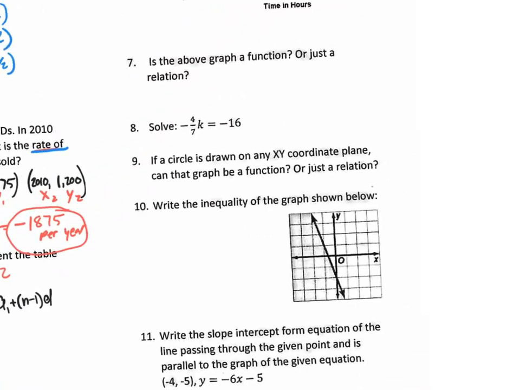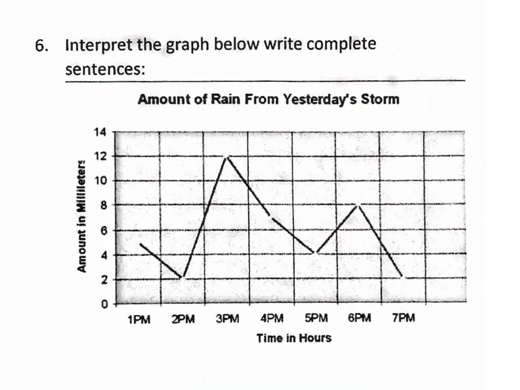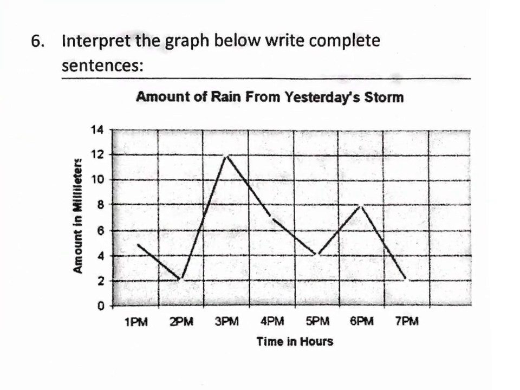Let's check out number 6 up here. So on tomorrow's final, Thursday for you guys, there's going to be a graph. You're going to have to know how to interpret it, right? So let's just talk about this graph, and let me ask you some things. Is there any point where the rainfall remains consistent, like it's a steady rainfall?